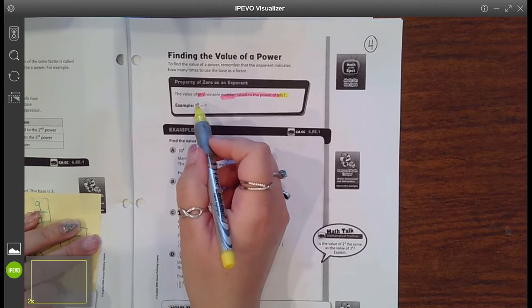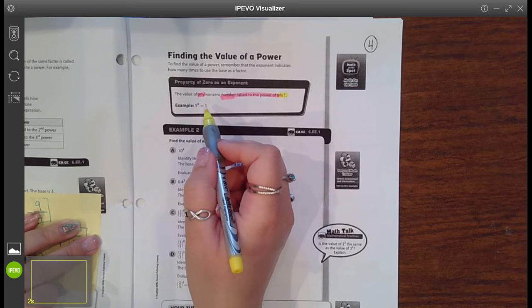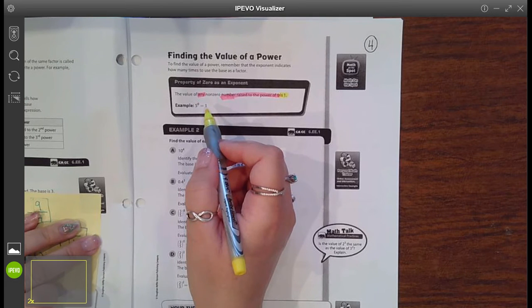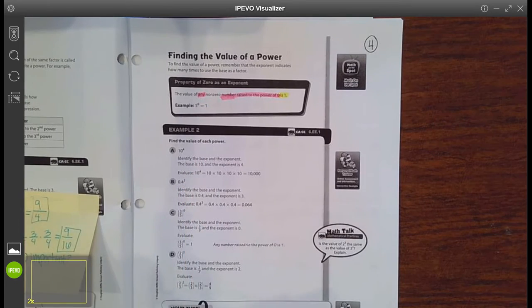So 5 to the 0 power is 1. It's not 5, it's not 0, it's 1. And you're like, why in the world does that work?